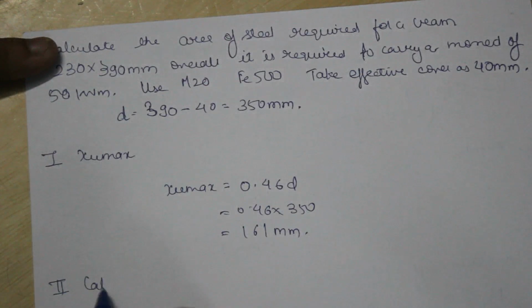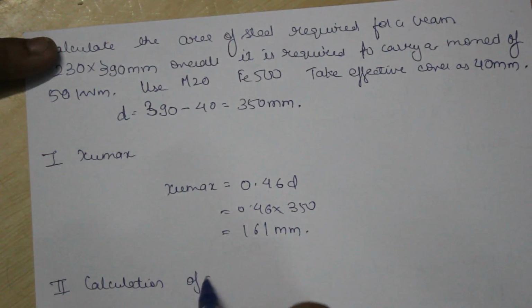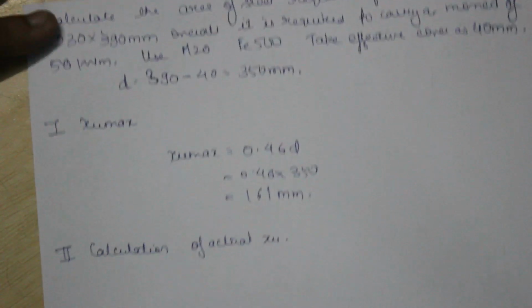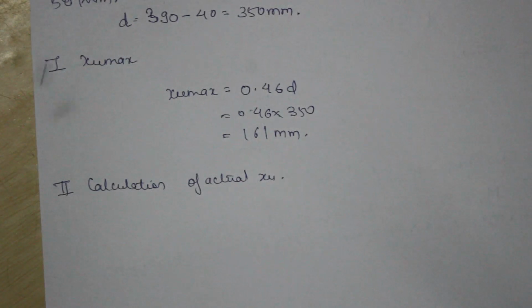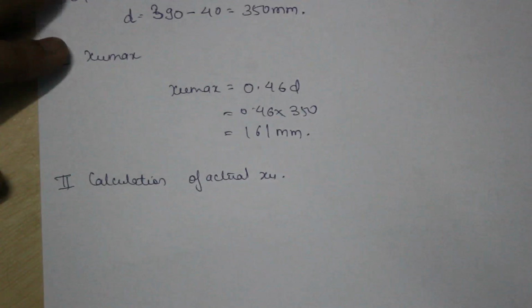Next step would be calculation of the actual depth of neutral axis. Now you cannot equate Cu and Tu here, because you don't have the area of steel, which is in the equation of Tu. So we will go the other way around.